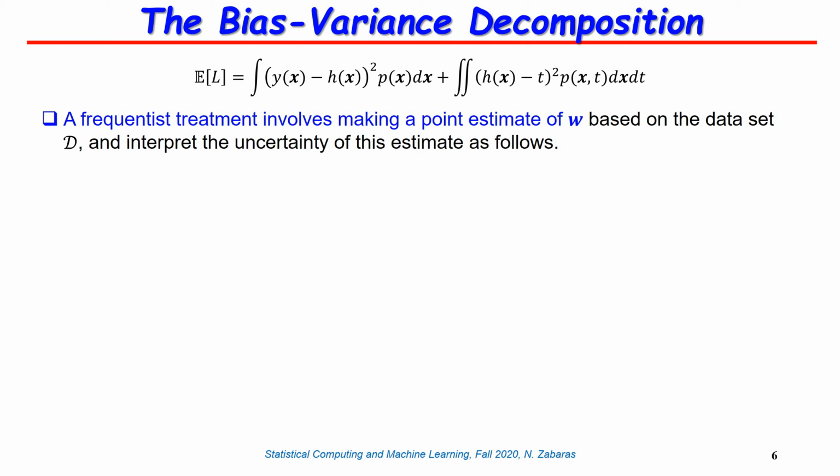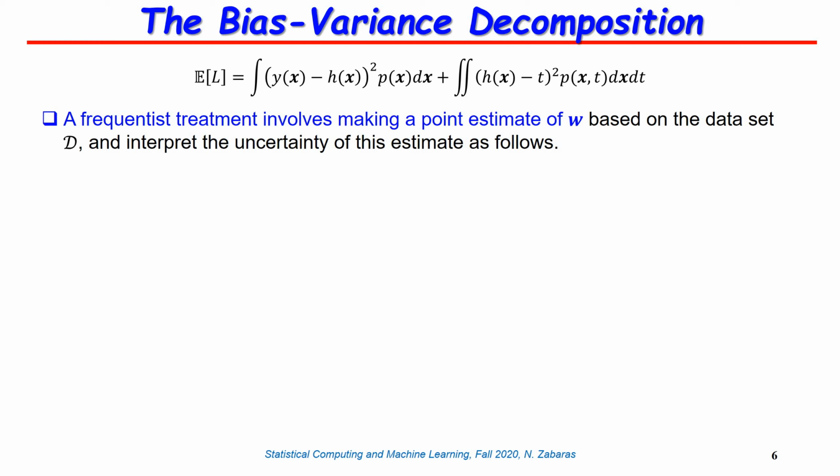So in a frequentist setting, the parameterization of the optimal regression function uses deterministic w.